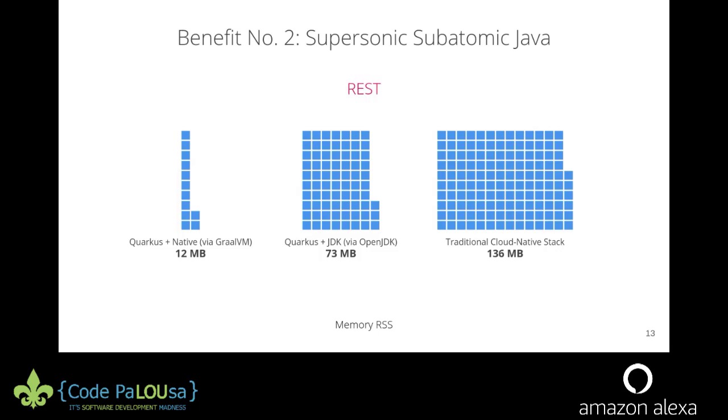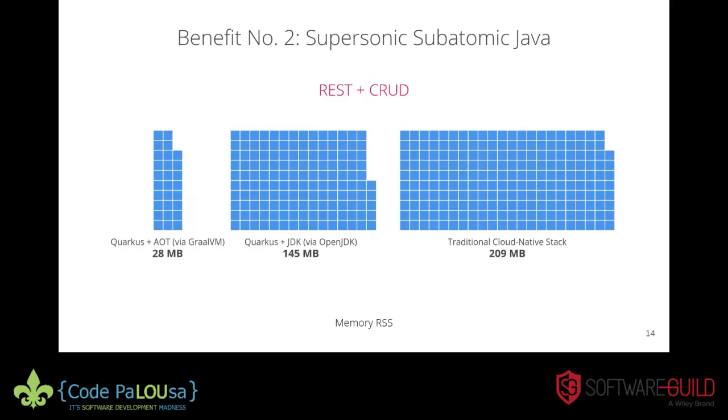Because with that kind of footprint, you're not only using a lot fewer resources, our startup times can be incredibly faster. And here are the same metrics reflected with a REST and CRUD application, and you can see the same size benefits that we're seeing from just running in a typical HotSpot environment or in a Graal environment, natively compiled.